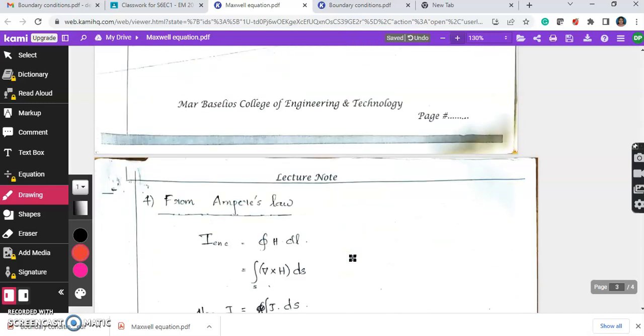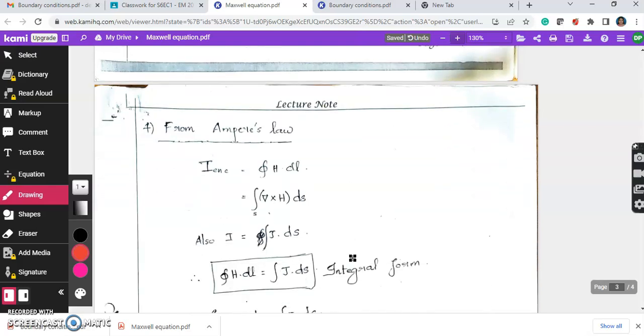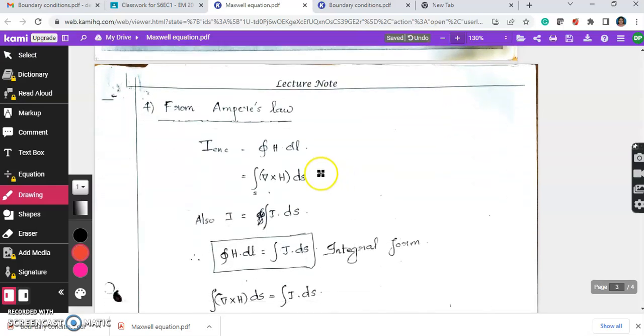Now we are moving towards Ampere's law. From Ampere's law, I can write that the current enclosed is equal to the line integral H dot dl. From Stokes' theorem, I can write the line integral H dot dl is equal to the surface integral del cross H ds.